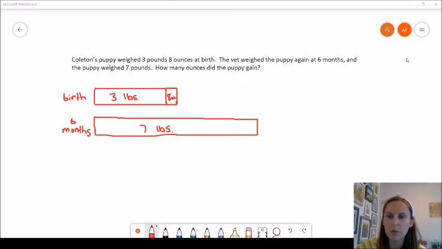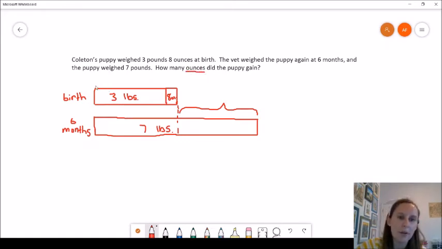And what is the question we're trying to answer? The question is, how many ounces did the puppy gain? So we're trying to figure out this difference between birth and 6 months and figure out how much the puppy gained, because here's how much he weighed at birth, and how much did he gain before that 6-month vet visit. And we want to know how many ounces this is.